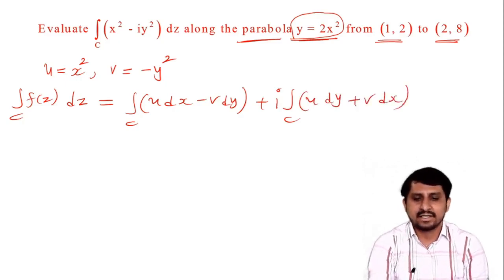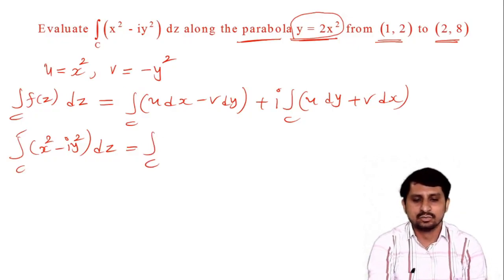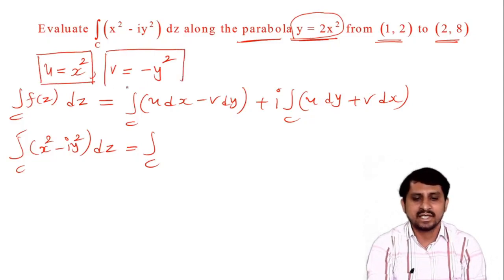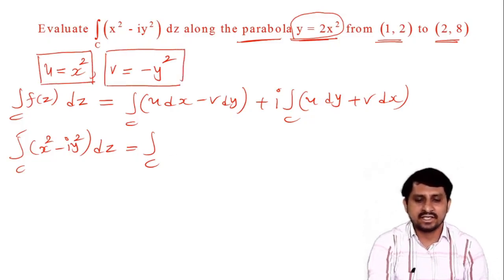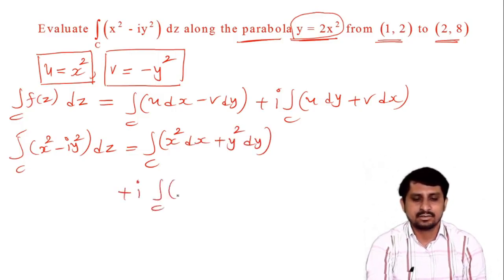So integration x square minus i y square dz is equal to, with u equal to x square, we put the value of u and v in this equation: integration x square dx plus y square dy plus i integration x square dy minus y square dx.